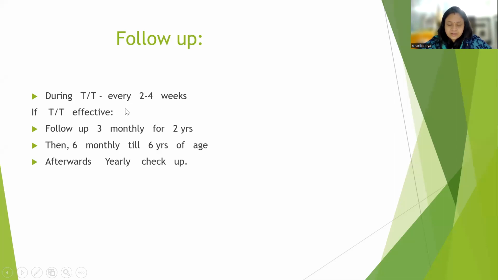If the treatment is effective, then follow up 3 monthly for 2 years, then 6 monthly till 6 years of age, and afterward a yearly checkup.